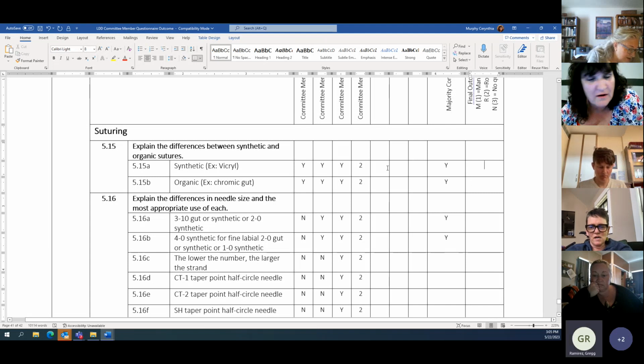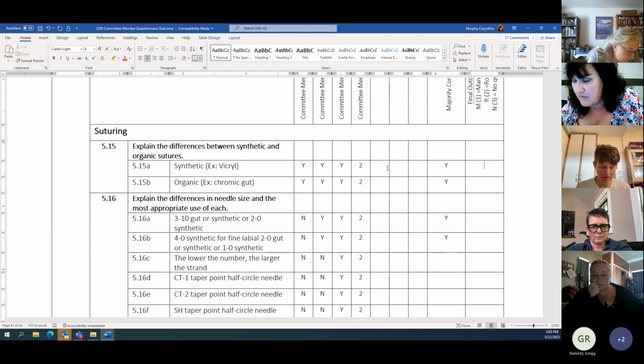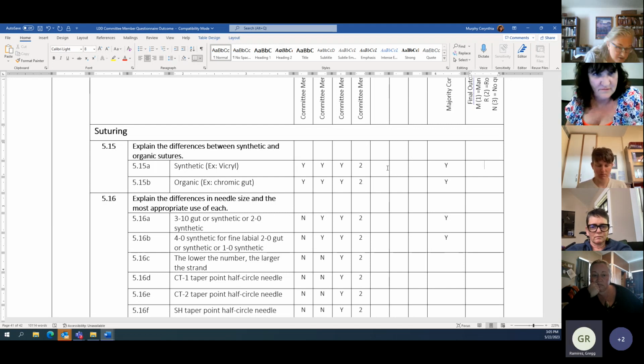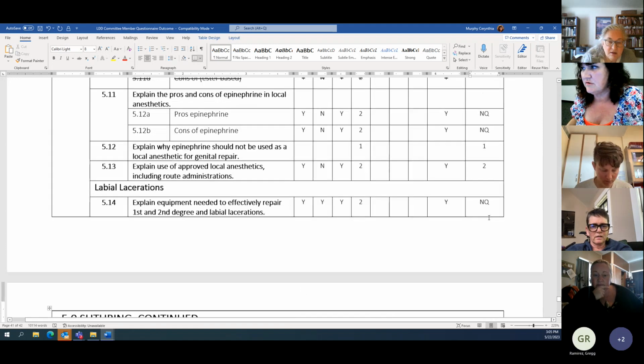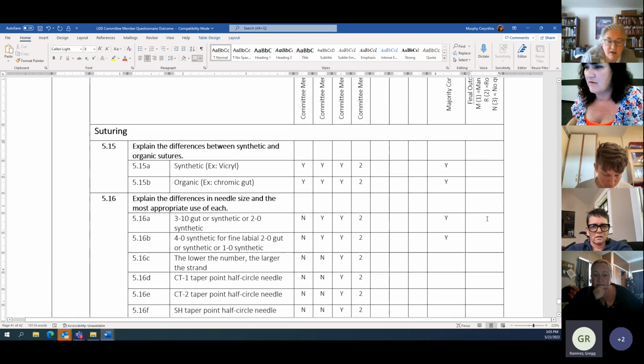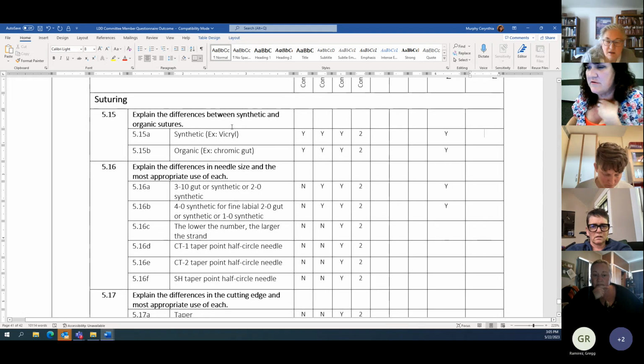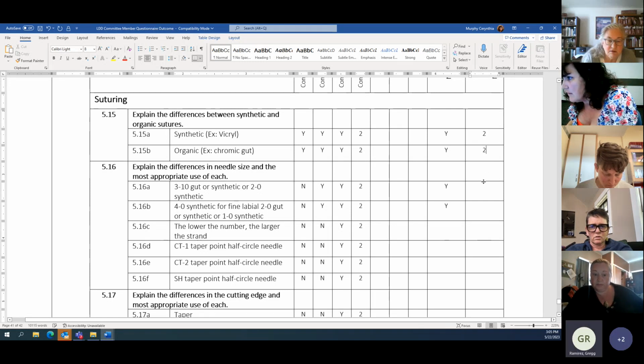Are we on 5.15? Yes. Okay, explain the differences between synthetic and organic sutures. I think those are twos. Twos, agreed.